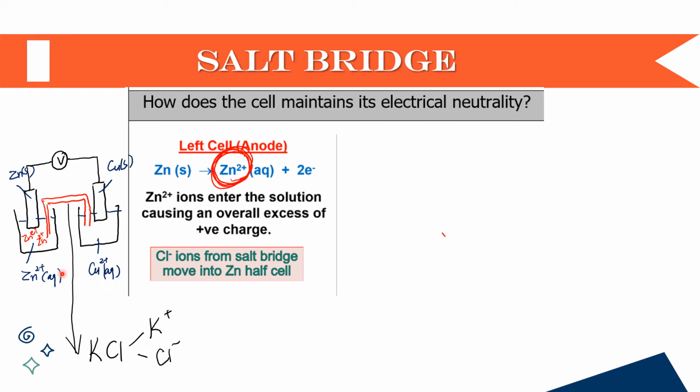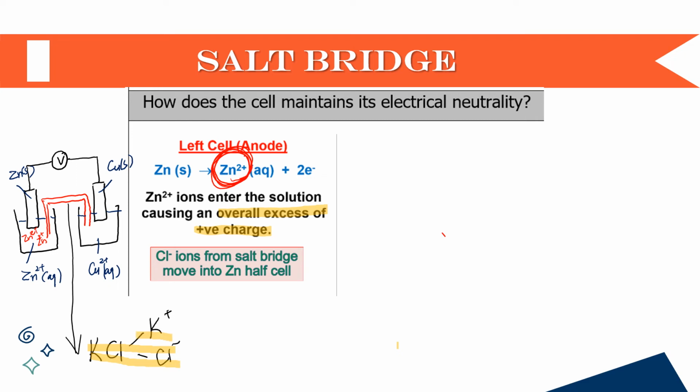So overall this beaker is very positively charged. That's why it says overall excess positive charge. For our galvanic cell, we want it to be neutral, to be stable. When one half cell is too positive or too negative, it is not balanced. How are we going to balance this? We're going to balance this by the use of our salt bridge.